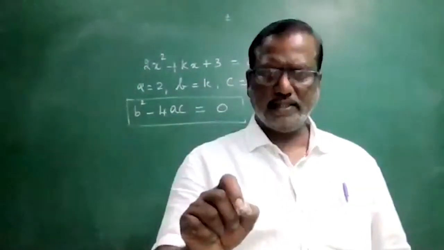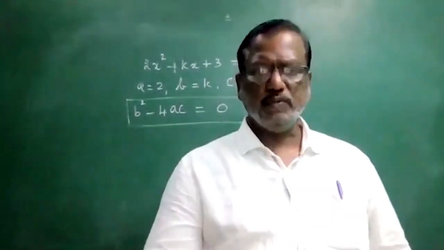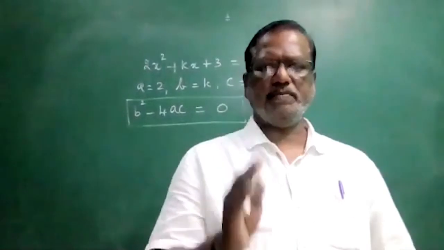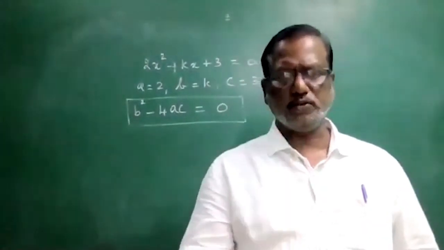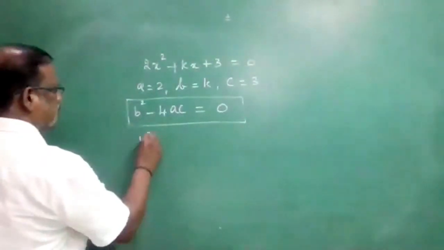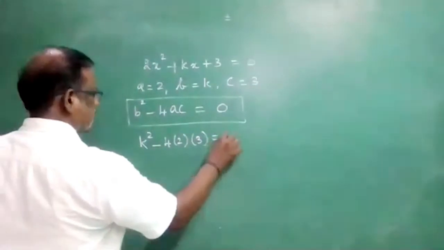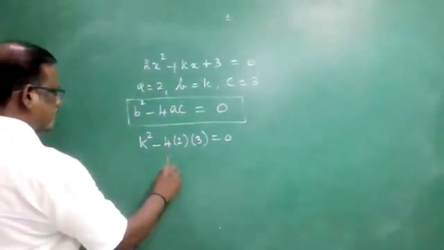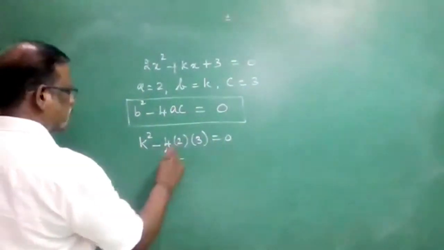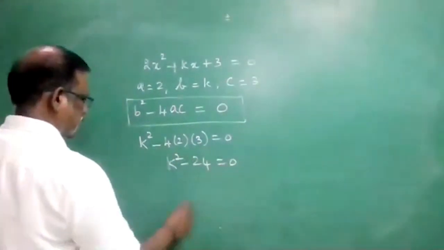The given quadratic equation has 2 equal roots, which means b square minus 4ac is equal to 0. So it is k square minus 4 into 2 into 3 is equal to 0. It is k square, 4 2s are 8, 8 3s are 24. That is equal to 0.